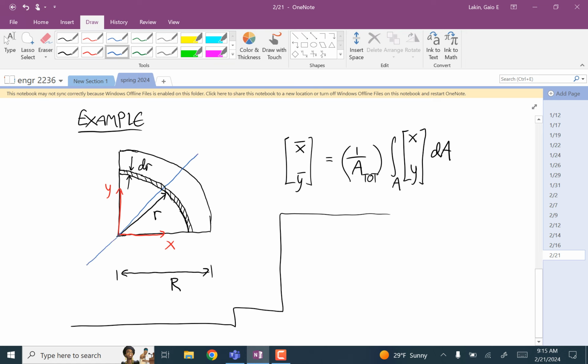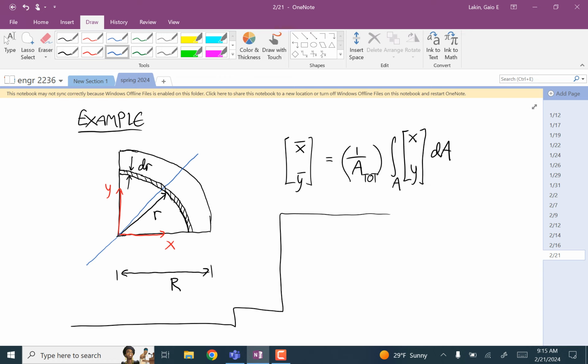This is an axis of symmetry, so the centroid has to lie on that line. So where is the centroid of that thing? I was thinking it was going to be right on that line right here, but that is not the case. It's actually going to be a little bit in.